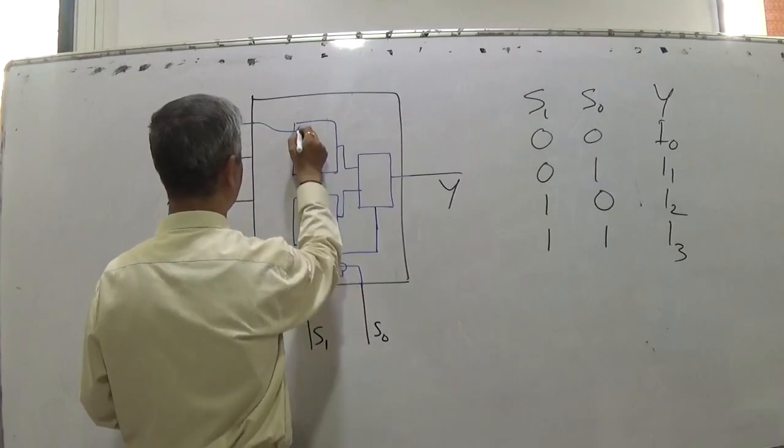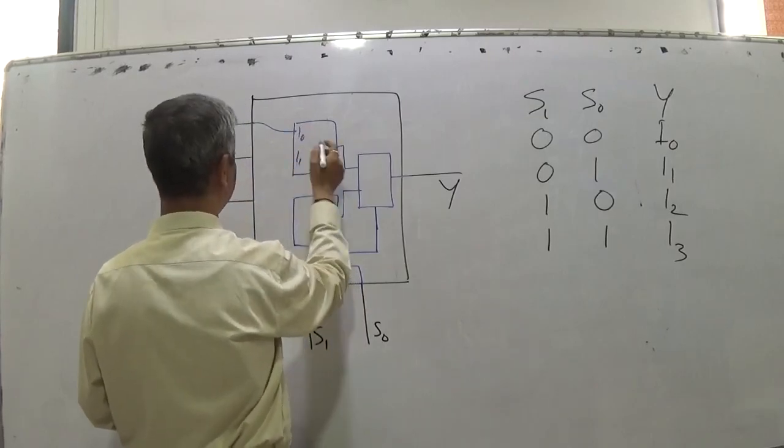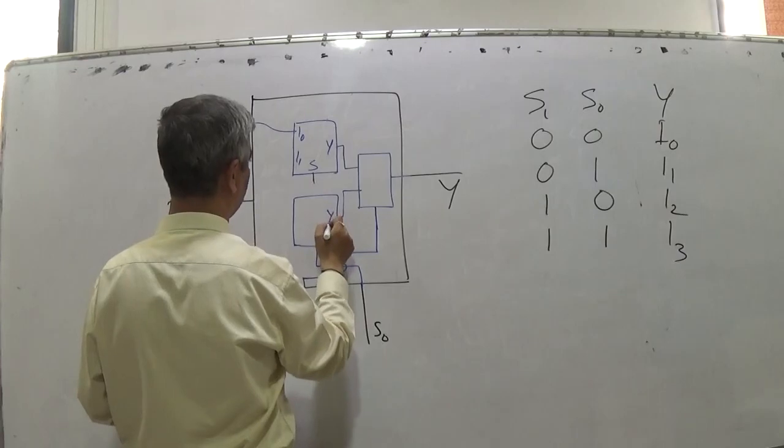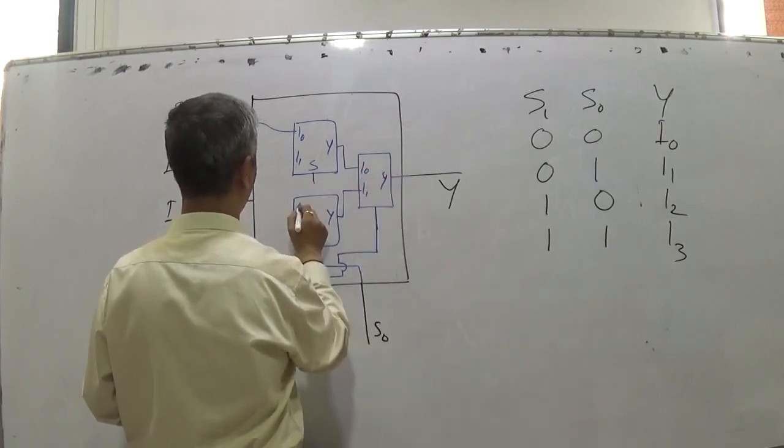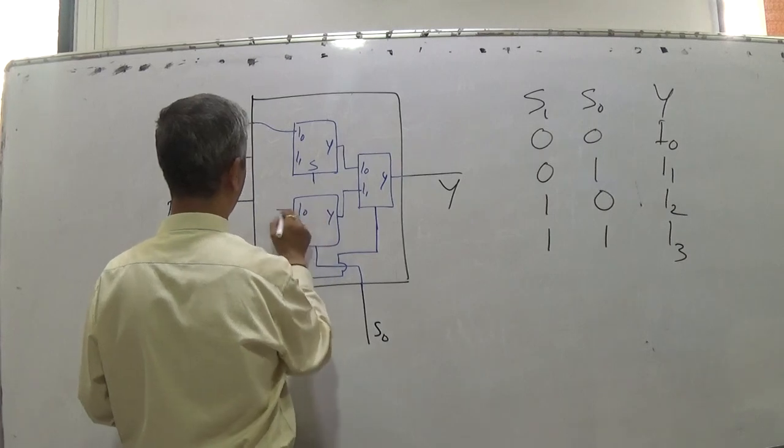Each of them has S, I0, I1. These are local names inside: I0, I1, Y.